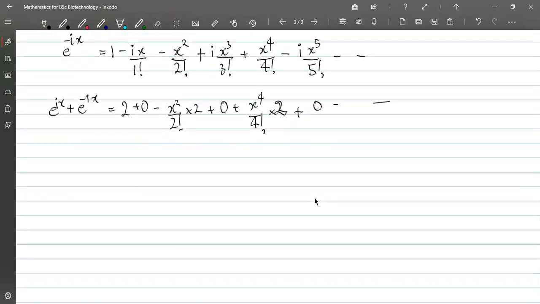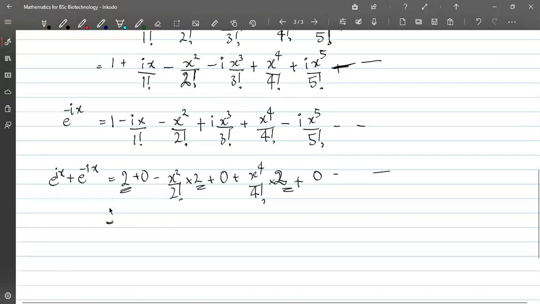So every term has a 2 in it, right? Because every term has become double of what it was, except for the first, the second, fourth term and so on, which have become 0.